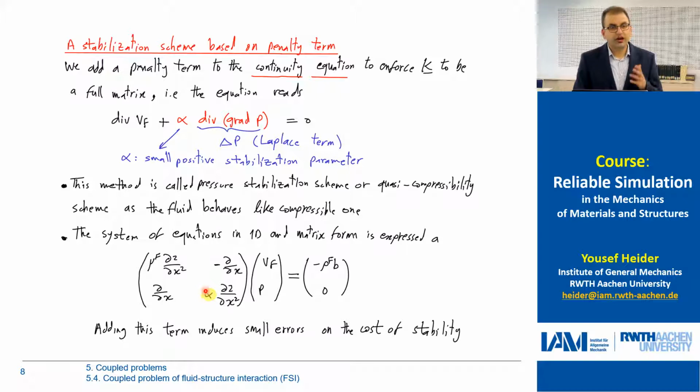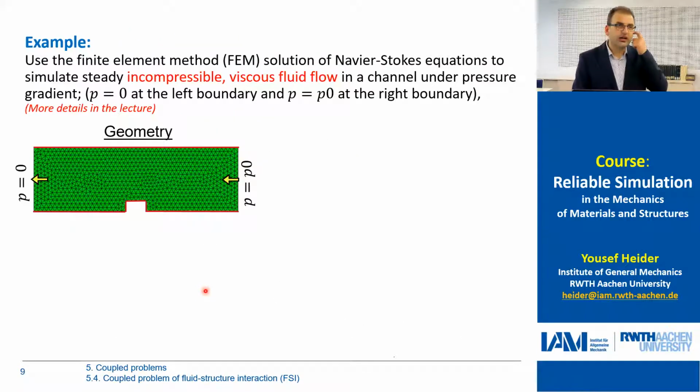Now, assume that we have applied this stabilization scheme and we would like to use the finite element method to solve these Navier-Stokes equations, or in the way I present it, they are actually called Stokes equations, especially the momentum balance, simply because you have incompressible viscous fluid flow.